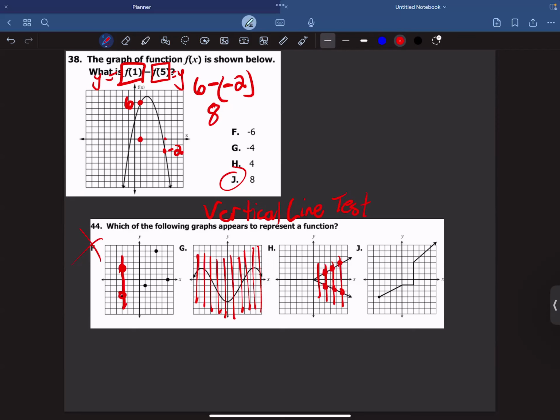No matter how many I draw, no matter how small I make it, I'm going through 2 points. And same thing here. This one's a little trickier, but if you get to here, you have all of these points on this line for this vertical line. So this one doesn't work, but G does. Remember, a function has only 1 point, one output for every input.